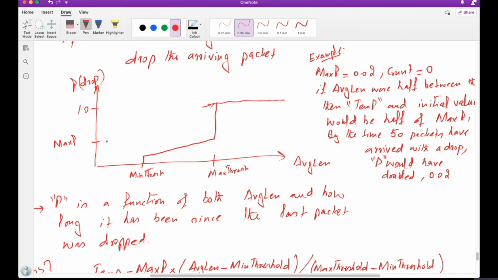So here we were assuming that max P is 0.02 and the average length is between the two threshold values, and we are slowly increasing P. By the time we have 50 packets without a drop, the probability is equal to max P, which is 0.02. If there has still been no drop, which is very unlikely, the probability becomes 1 and every packet will get dropped from the queue.